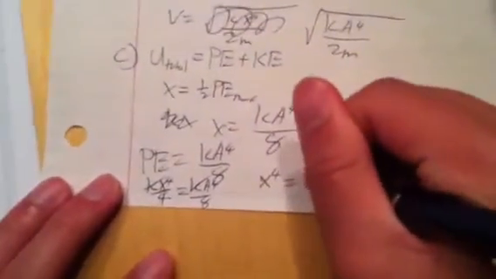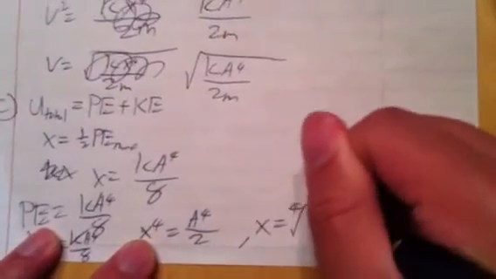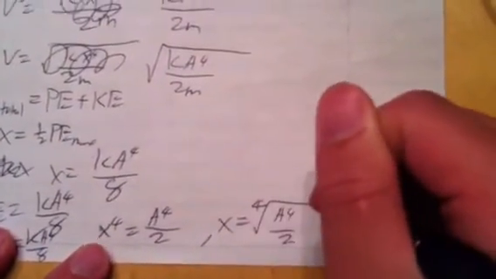So these will cancel out, and then x to the 4th would equal a to the 4th over 2. So then x would be the 4th root of a to the 4th over 2, right?